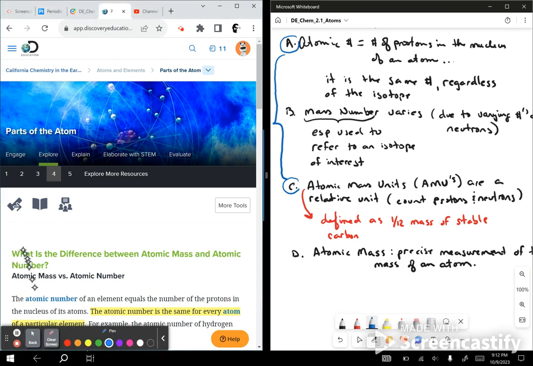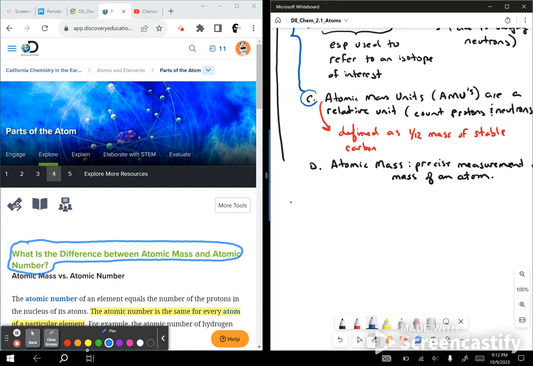What is the difference between atomic mass and atomic number? So you should be able to answer that question pretty easily now in your formative. All right, I'll talk to you on Explore 5. Oh, by the way, make sure you do a summary sentence.